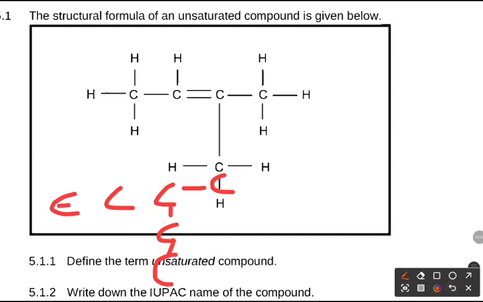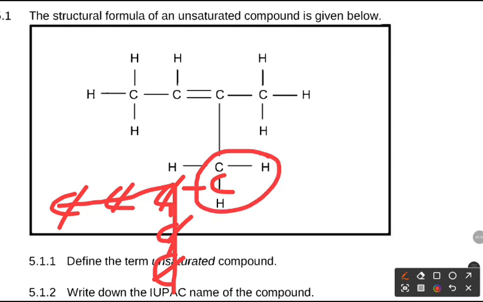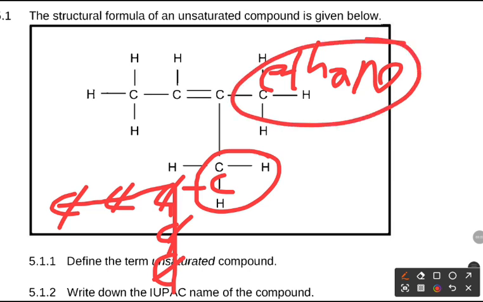Rather go with the L shape, knowing that you have 1, 2, 3, 4, 5 carbons, and you'll have a methane as a branch. So whenever you have ethane as a branch, please think twice. Think very carefully whether that is a branch or whether you have to turn and take the longest chain.